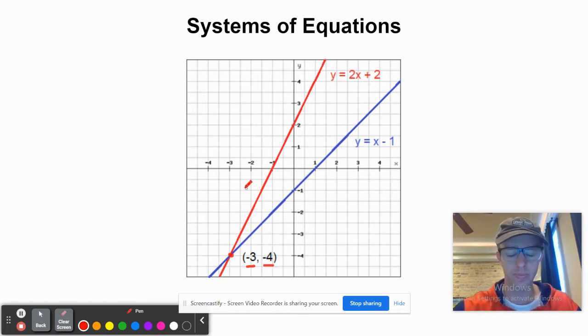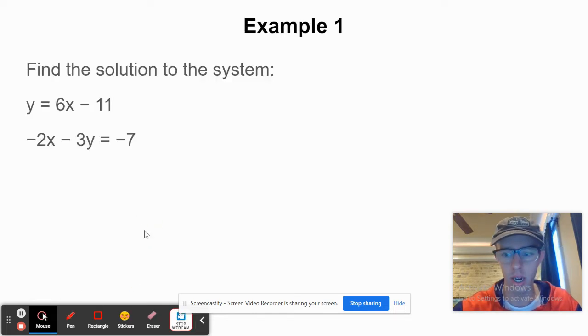If we already have the graph, all you have to do is find the point where they intersect. So here they intersect at -3 on the x and -4 on the y. And so this lesson is actually extremely easy, because we're going to use a graphing calculator here.